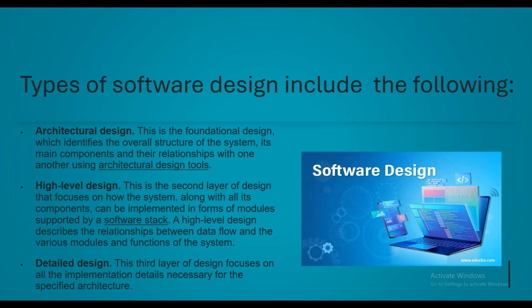And the second is high-level design. This is the second layer of design that focuses on how the system, along with all its components, can be implemented in forms of modules supported by a software stack. A high-level design describes the relations between data flow and the various models and function of the system.